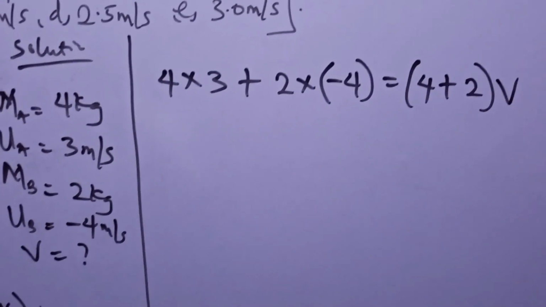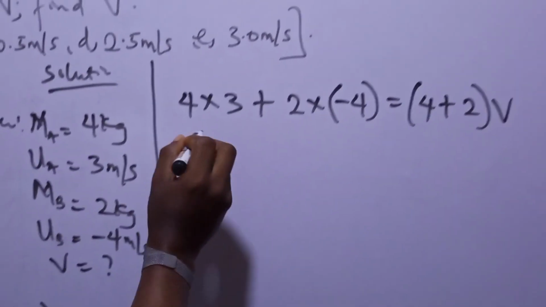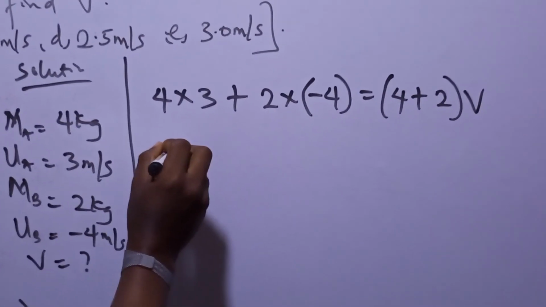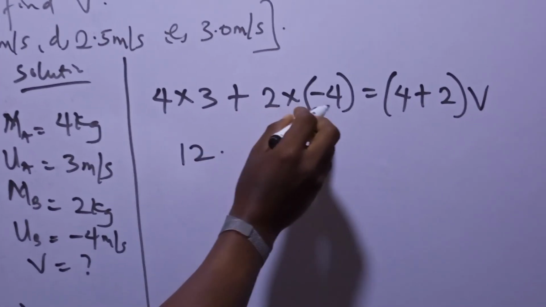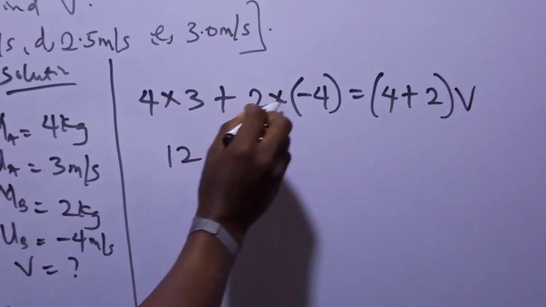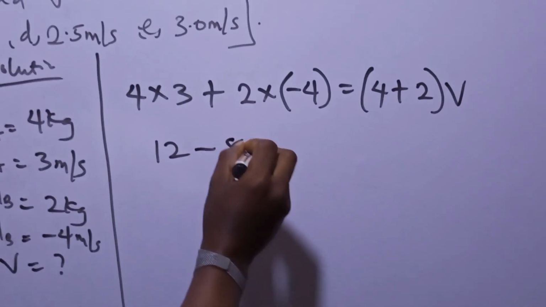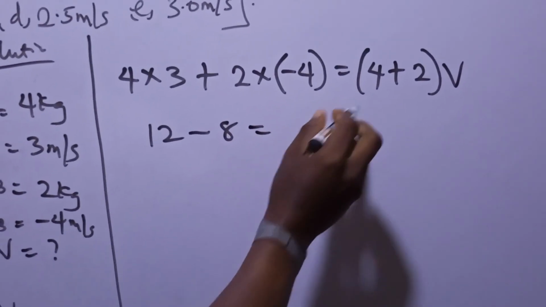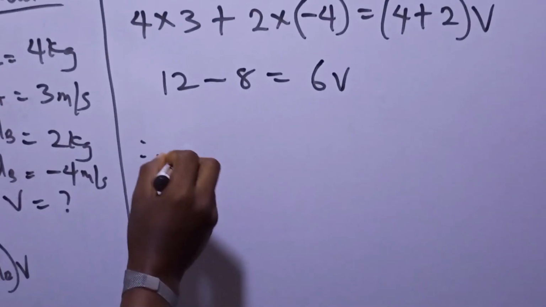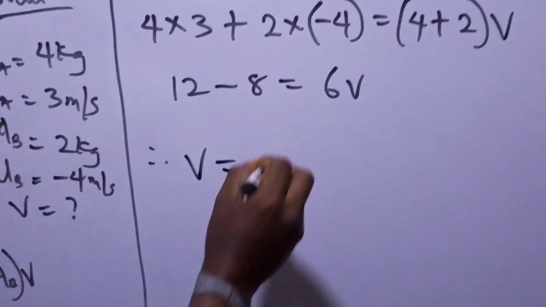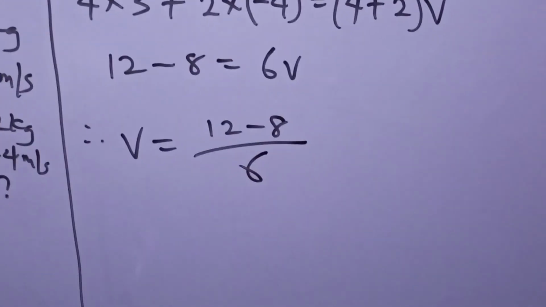Now, let's break this down. We have here 4 times 3 is 12. Remember, 2 times 4 is 8, but 2 times minus 4 becomes minus 8, equals 4 plus 2 is 6V. Therefore, we have V to be 12 minus 8 divided by 6.